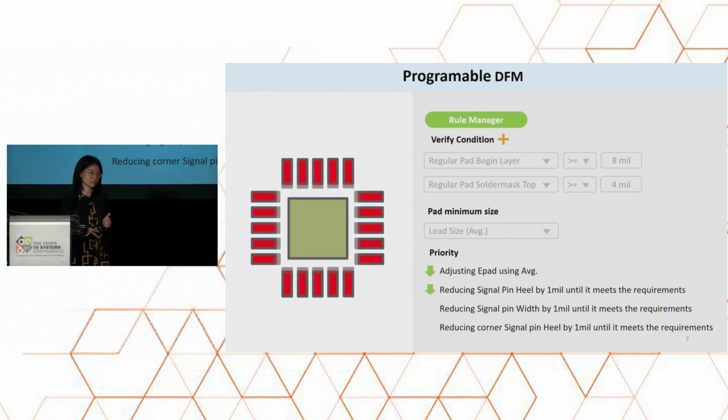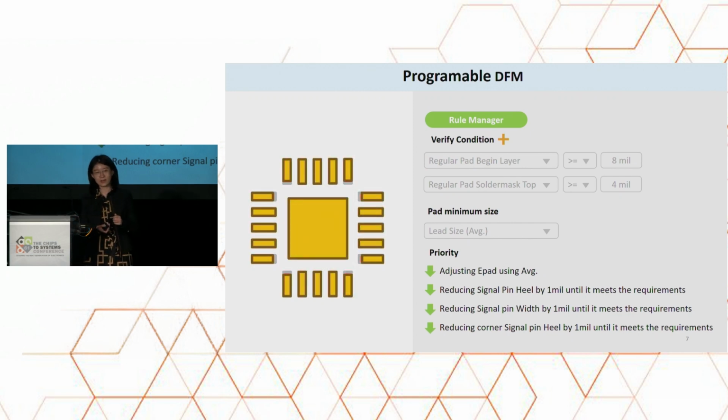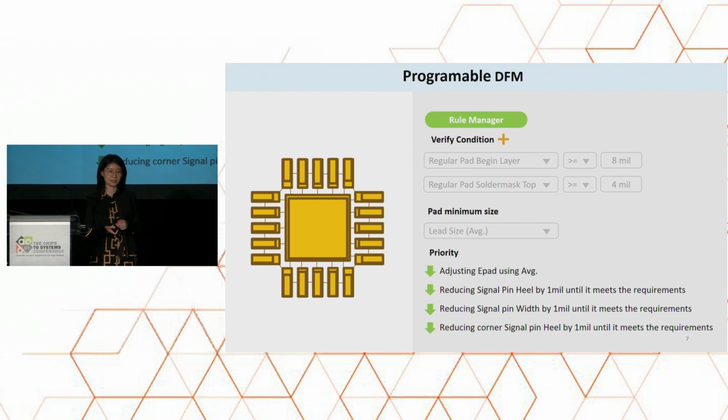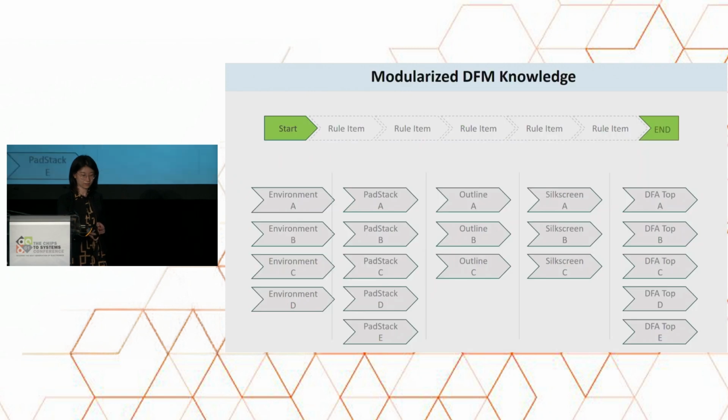This is an illustration using a naive example to show how the design for manufacturing conditions are analyzed in our engine and then applied directly to the library creation process to adjust the thermal pad signal pin size. But in reality, the design for manufacturing knowledge base is far more complex than the previous example.